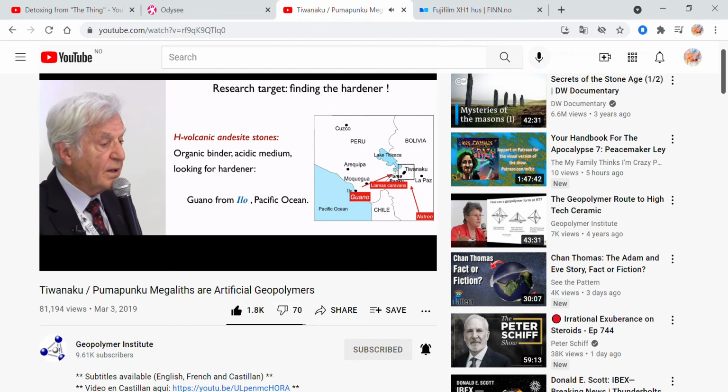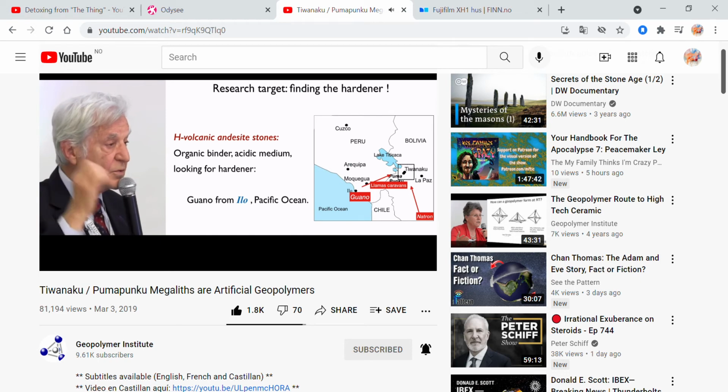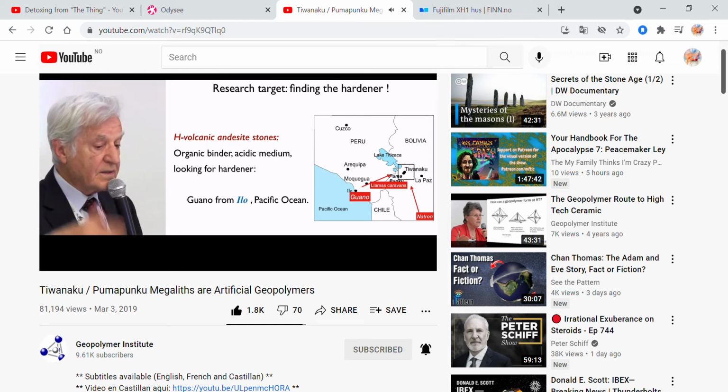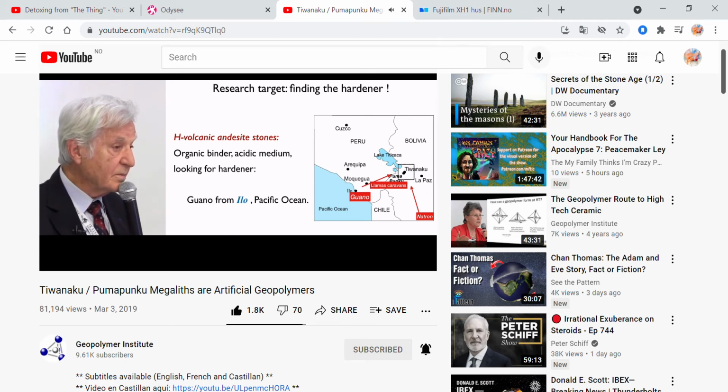The Tiwanaku civilization was created before they exploited the guano. They had developed a very special agriculture at Tiwanaku. They did not need this type of fertilizer. They had their own fertilizer on the top. So to claim that the guano had been sent to the highlands because they needed it as a fertilizer for agriculture is nonsense. This civilization was developed by itself.